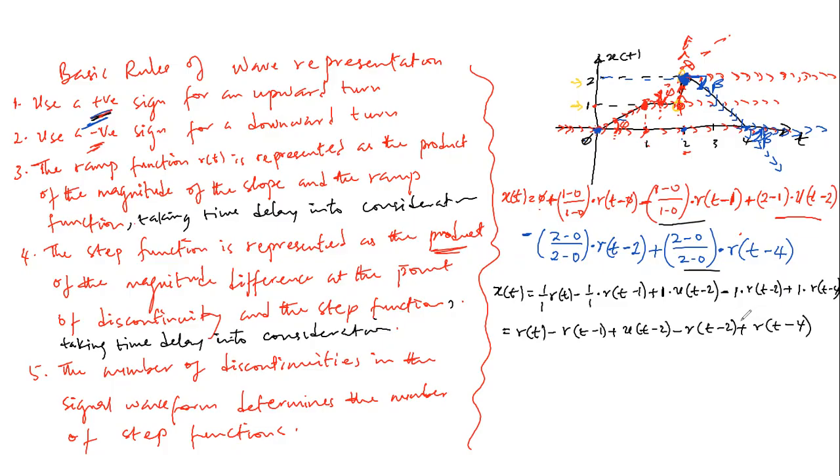And now you will agree with me that these 5 rules rather subsist. And just check this out, the 5th rule: the number of discontinuities in the signal waveform determines the number of step functions. And here you can see we have just one discontinuity, which is here.